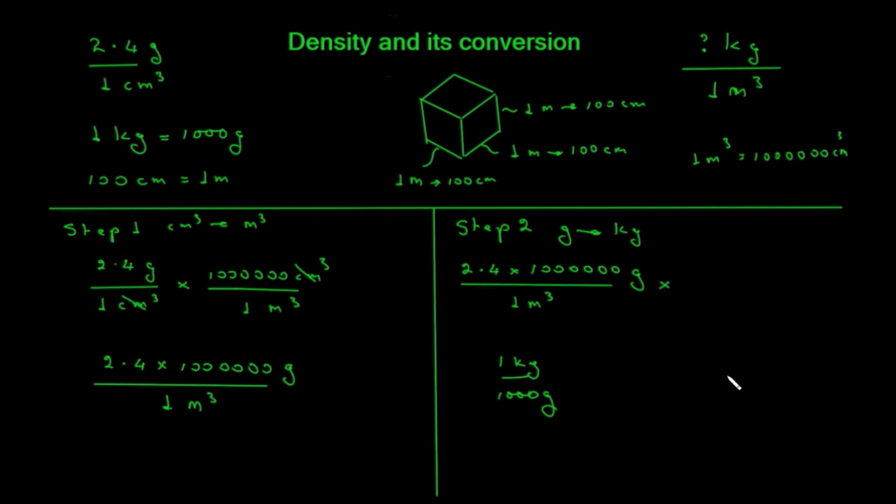So we times 1 kilogram all over 1,000 grams. See, this is the ratio. So we're using the ratio to do the conversion. Right. Unit of measurement cancels. Gone.